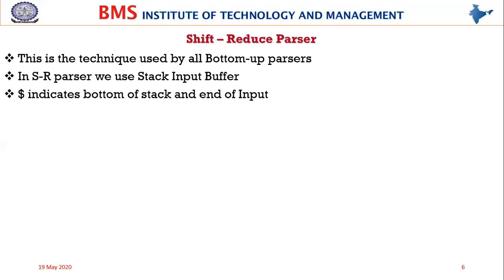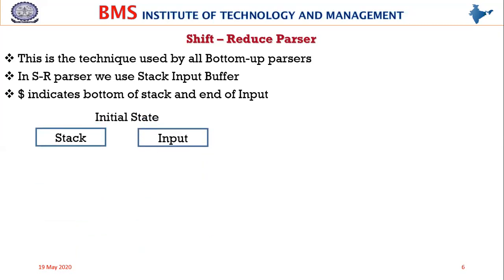This dollar symbol indicates the bottom of the stack, and in the input buffer it indicates the end of the buffer. So we use a dollar also in top-down parsing, where when we found the follow, it indicates the stop of the parser. But here the dollar has a different purpose.